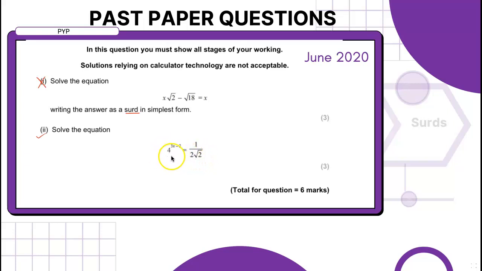Can we write 4 to be 2 squared? And outside you have 3x minus 2, that is equal to 1 over 2 to the power 1 times 2 to the power half. That root 2, I've written as 2 to the power half.